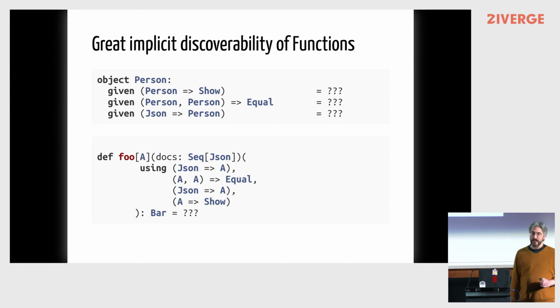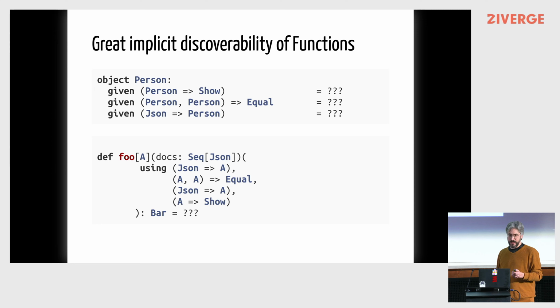That means that we need a foo which has these requirements: we need a JSON to A, we need an equality of that A, and then we need an A to JSON. I forgot what could be an implementation for this, but forget about it. Any implementation requires these 3 type classes. And if we provide the instances as above, those will be discovered. So you can pass a Person to this function.